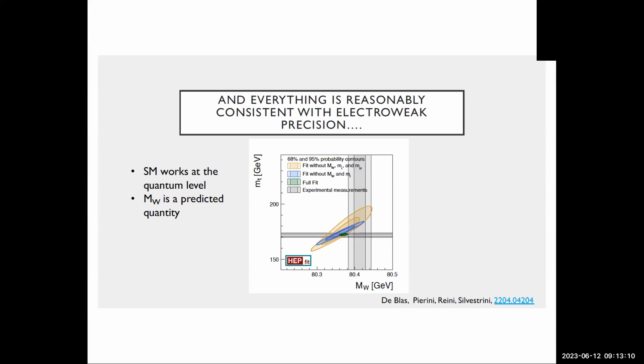So what does this say? This says that at the quantum level, the inferred values of the W mass and the top quark mass, this blue thing, agree pretty well with the experimental values. You can see there's a little bit of tension with the W mass. The inferred values are a little bit low, but pretty much everything that we can predict agrees. So are there questions at this point?